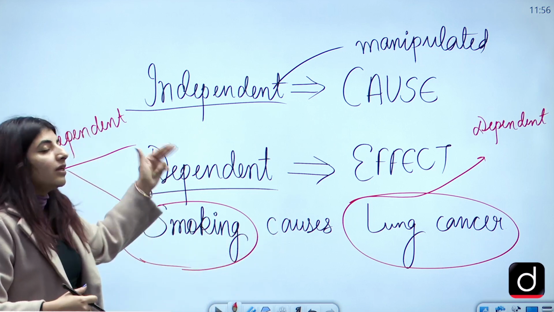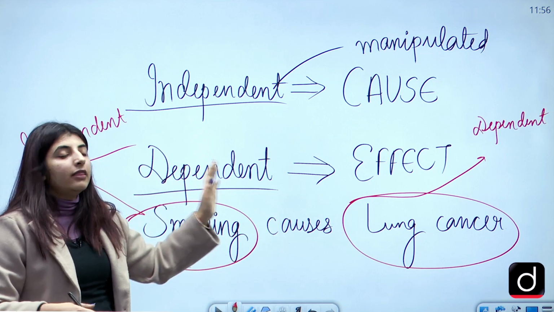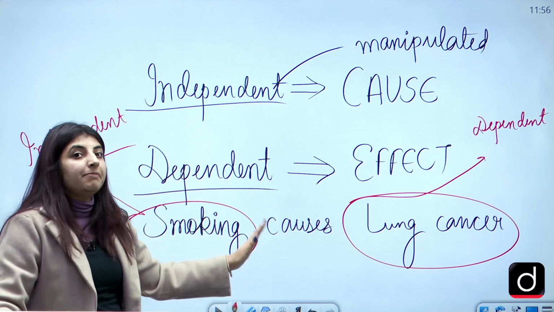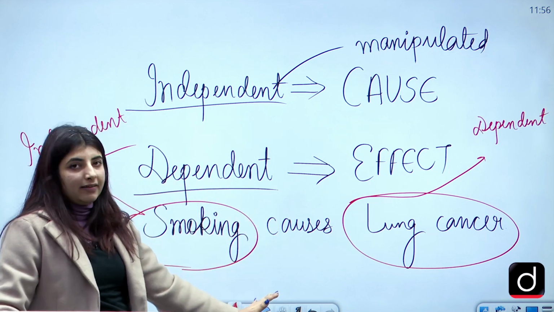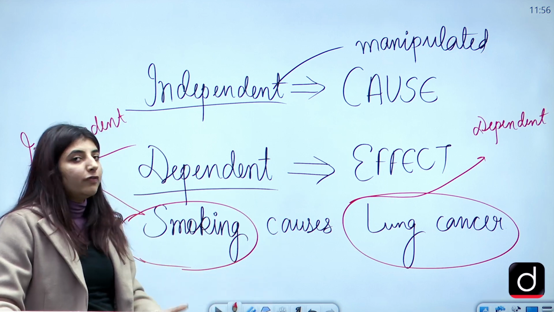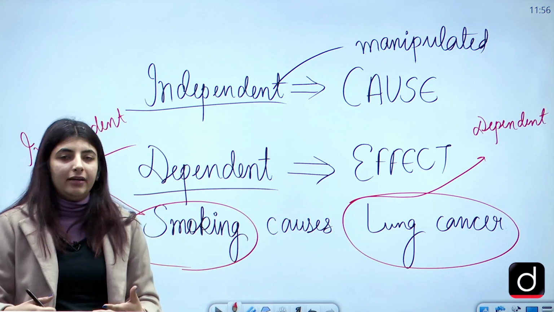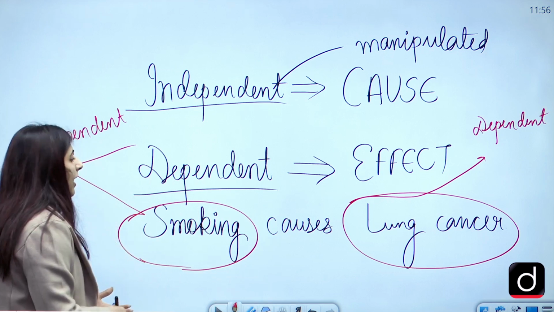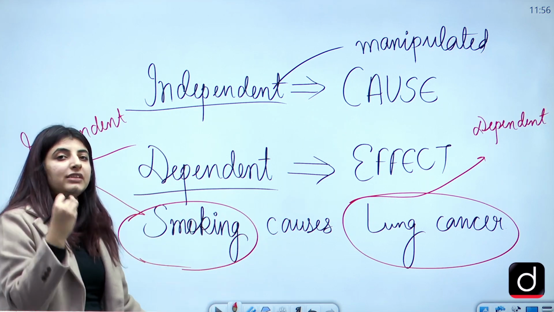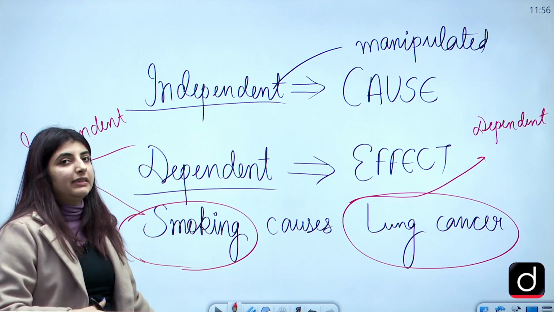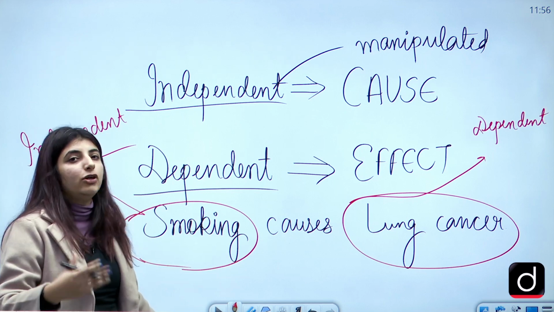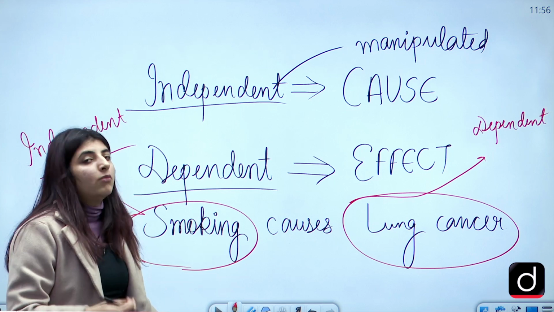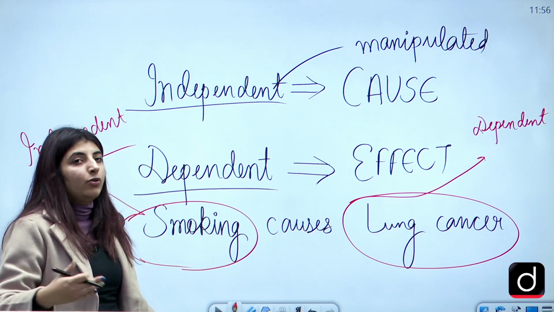So the more the manipulation in the variable, the more you will see what changes there are in the dependent variable. Also, for instance, take coffee intake. If you love coffee, it will have an effect on your sleeping pattern, because if a person has more caffeine, obviously he or she is going to stay awake most of the time, rather than at the usual time.